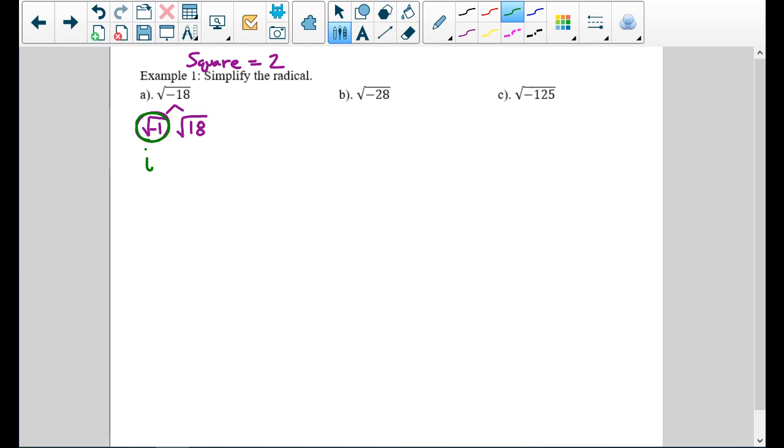So now let's break down my 18. Well, 18 is the square root of 2 times the square root of 9. Okay, so nothing duplicated there. So let's break down 9. 2 is prime, so we can't break it down anymore. 9 is the square root of 3 times the square root of 3.